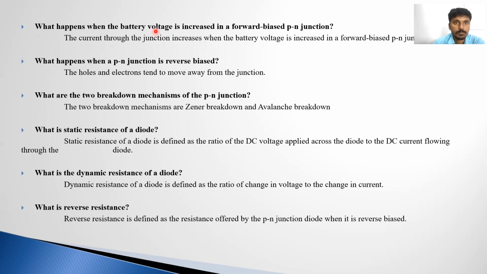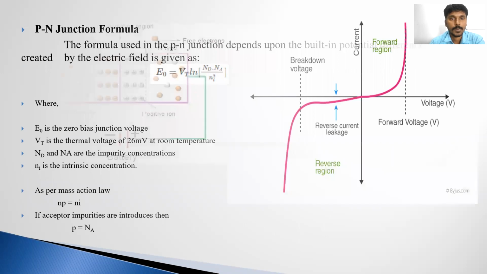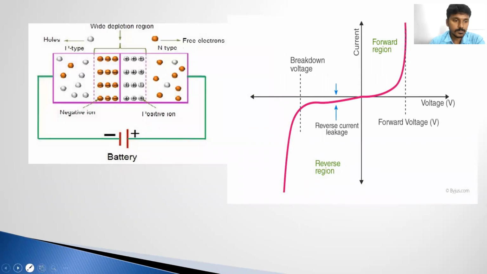What happens when the battery voltage is increased in a forward bias PN junction? Forward bias junction means this side is positive and this side is negative.